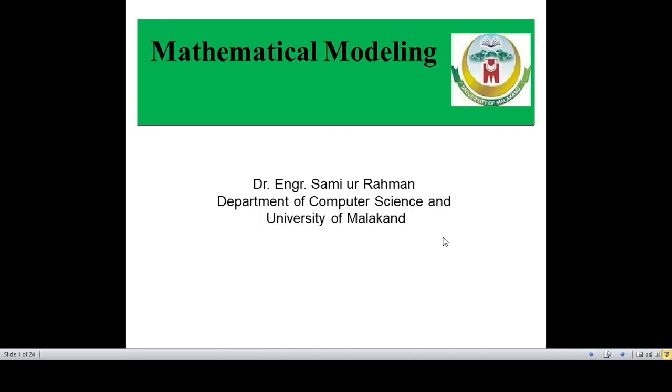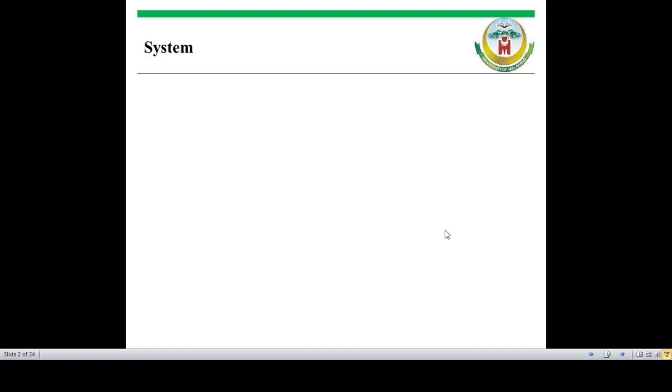So, this is the first lecture on mathematical modeling. I am Samir Rahman, and in this lecture, we will talk about the basic concepts of modeling. Before going into the details of definitions related to modeling and mathematical modeling, it's important to talk about system, because modeling is related to system.